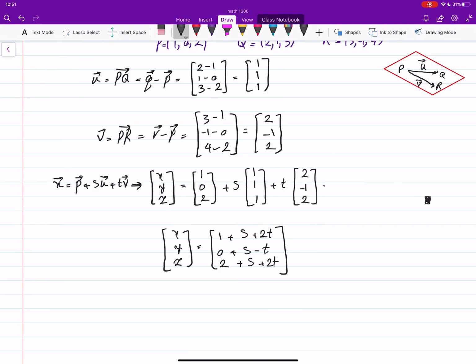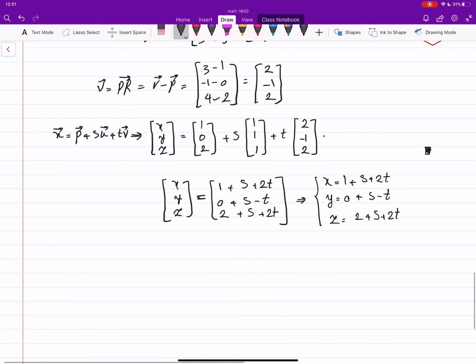Two vectors are equal if and only if their components are equal. So we will get X equals 1 plus S plus 2T, Y equals 0 plus S minus T, and Z equals 2 plus S plus 2T.